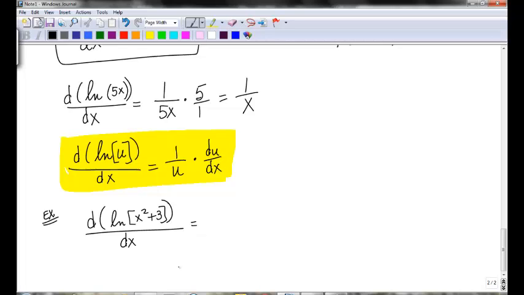My u is the x squared plus 3, so it's 1 over x squared plus 3, and then you have to say what's the derivative of this. So it's times 2x, and that's it, right? So final answer is 2x over the x squared plus 3. Okay?